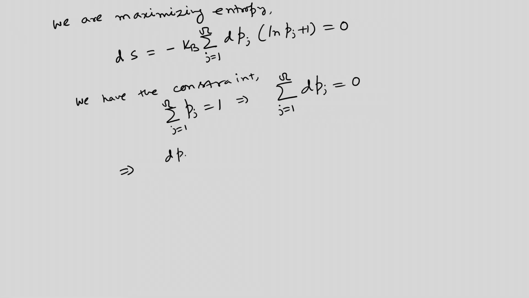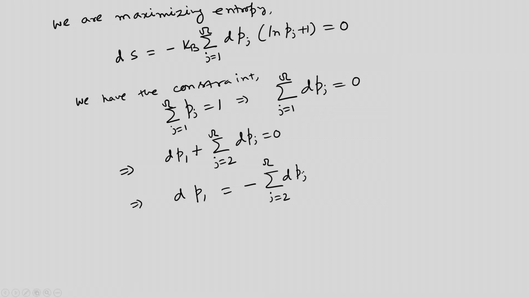So we can write dP1 plus sum over j, where j goes from 2 to omega, dPj is 0. So we take dP1 out of the summation. Okay. So we get dP1 is minus of sum over j goes from 2 to omega dPj.